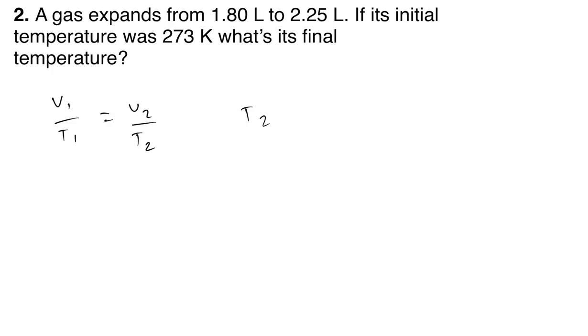So T2 is going to be equal to V2 times T1 all over V1, and then when we substitute our values in, V2 is going to be 2.25, the initial temperature is going to be 273, and then the initial volume is going to be 1.8.